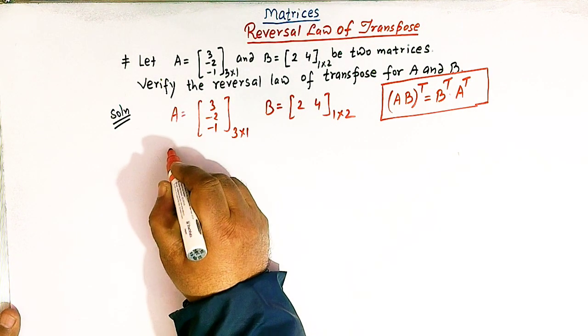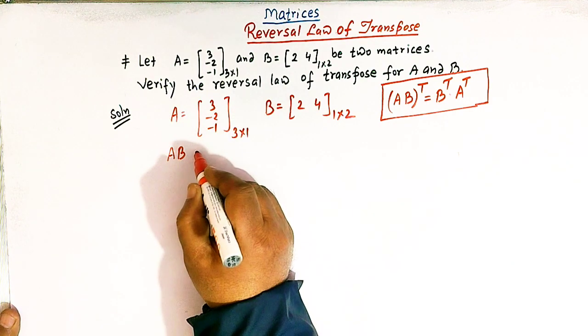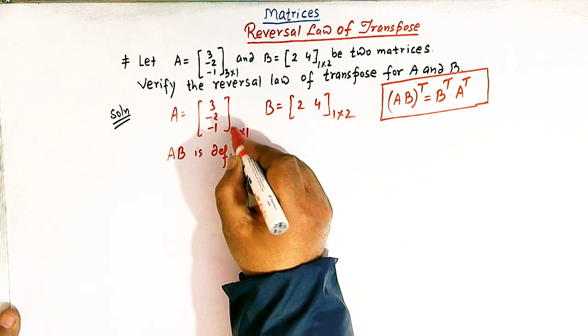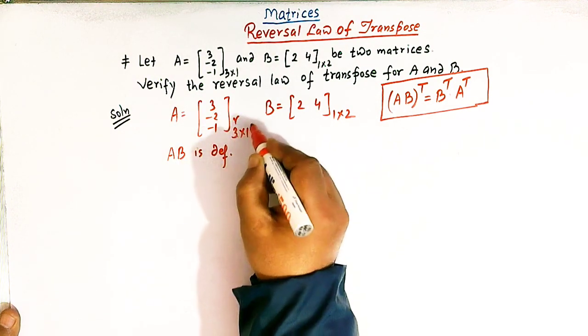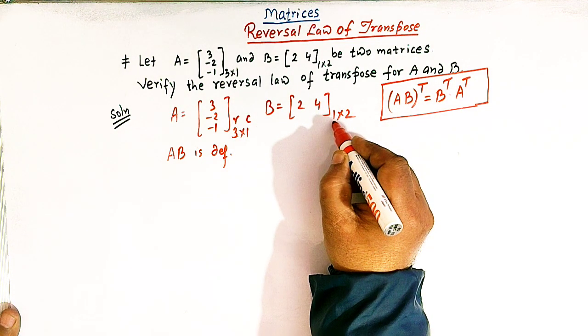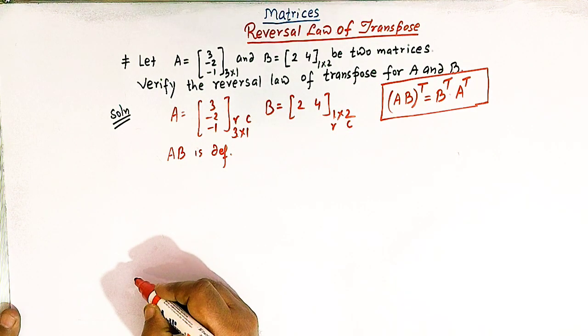It means the product of the matrices A and B is defined, because here the number of rows is 3 and number of columns is 1, and here the number of rows is 1 and number of columns is 2.